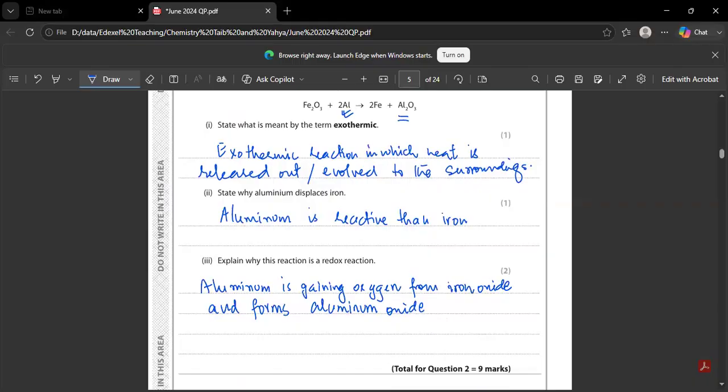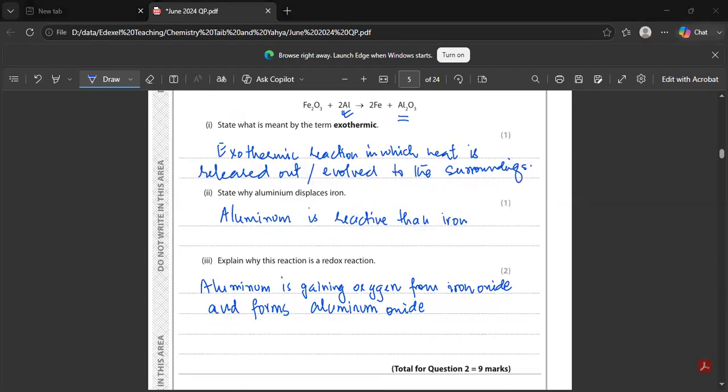This is one of the ways to define redox: one is losing and one is gaining. Oxidation is actually the addition of oxygen, right? And since iron is losing oxygen, it is getting reduced.